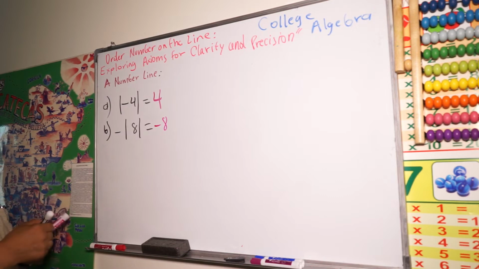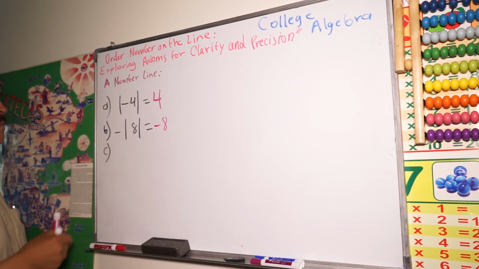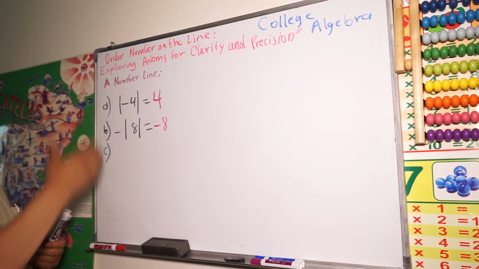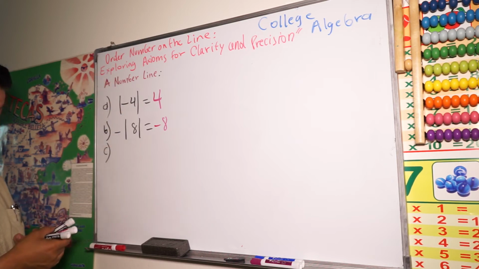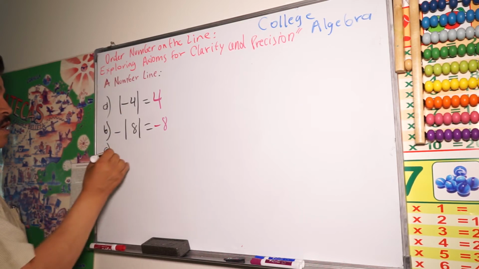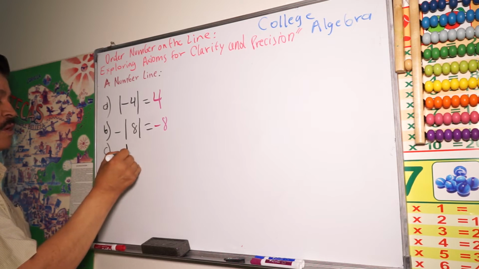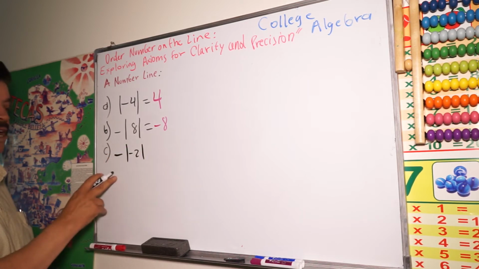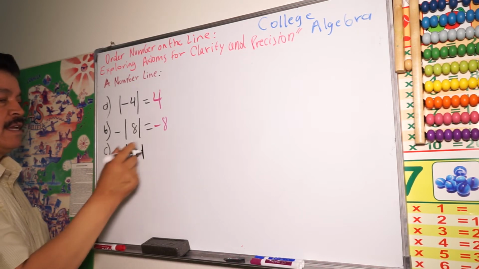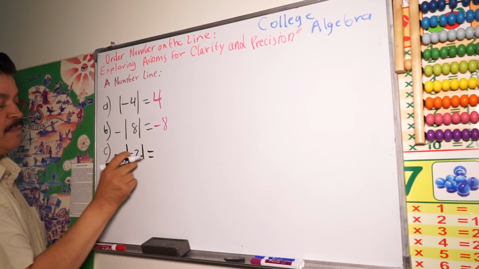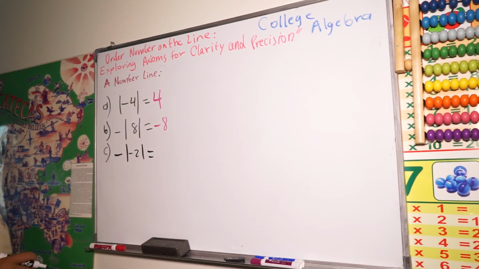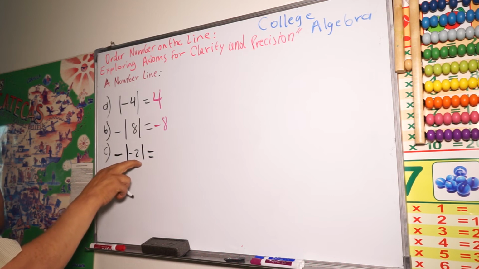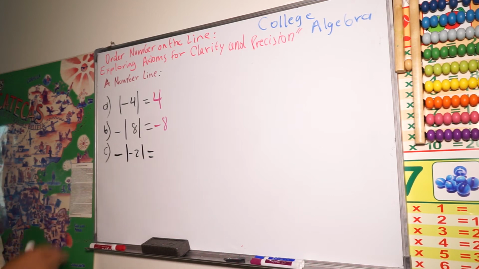So let's write another problem with absolute value, since you work with ordinary numbers. In this topic, we have to know how to solve these problems. You have the negative of the absolute value of negative 2. What is the answer?